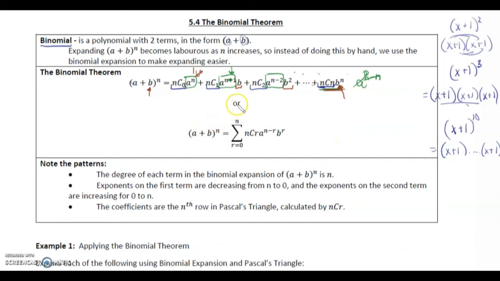As a short form, a plus b to the n is the sum from r equals 0 up to n of n choose r, a to the n minus r, b to the r. This is the general form for the equation.